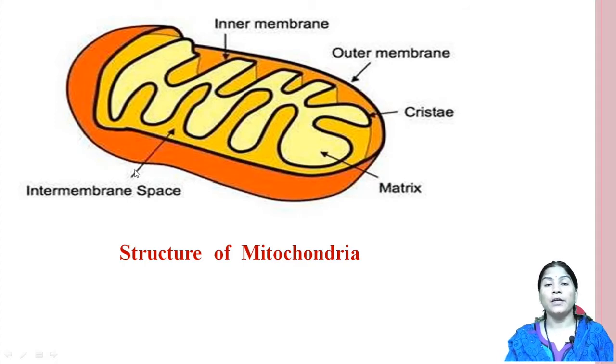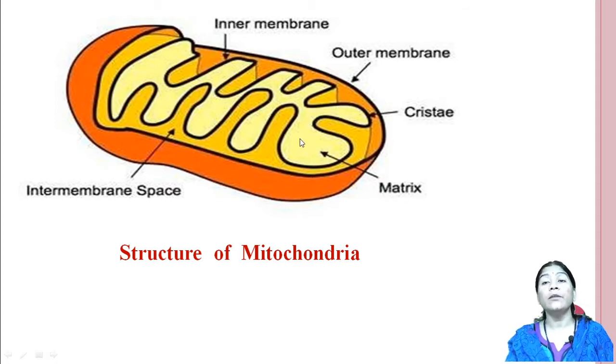Look at this diagram. There are two membrane structures present. This one is the outer membrane. This is the inner membrane. The inner membrane has infoldings, and those infoldings we call the cristae. Here granule-like structures are present that we call the matrix.